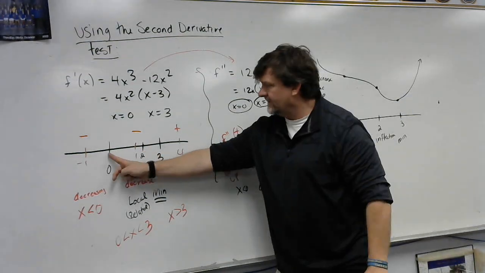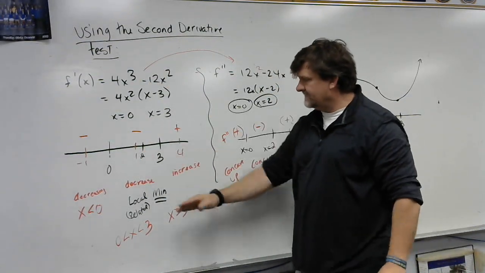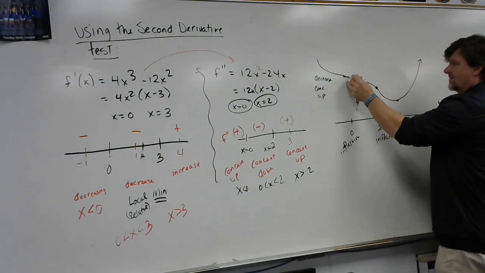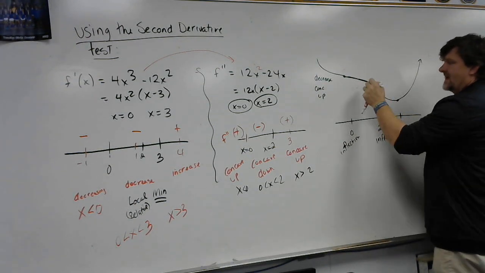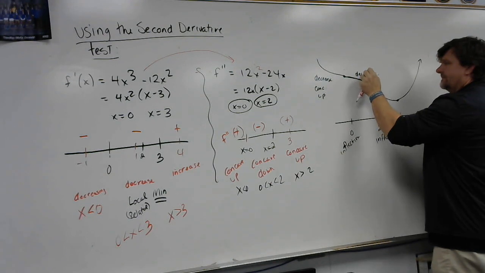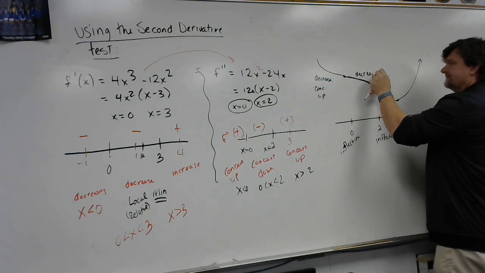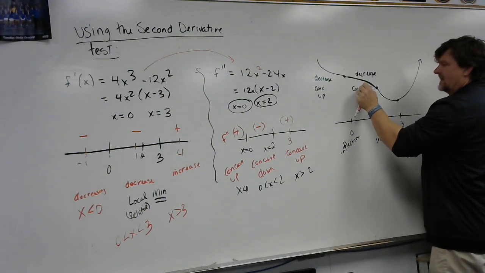But from 0 to 2, it's still got to keep decreasing. So now I get a curve a little differently here. So now we are still decreasing, and I'm concave down now.